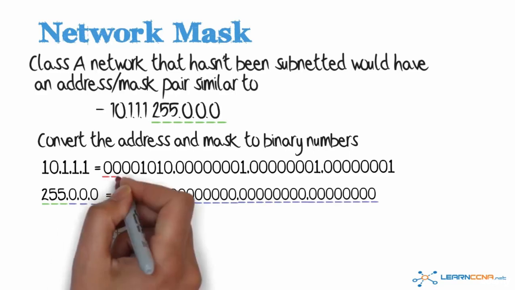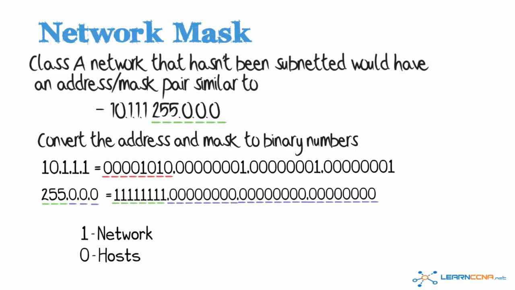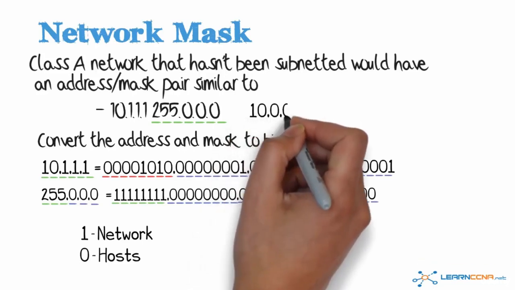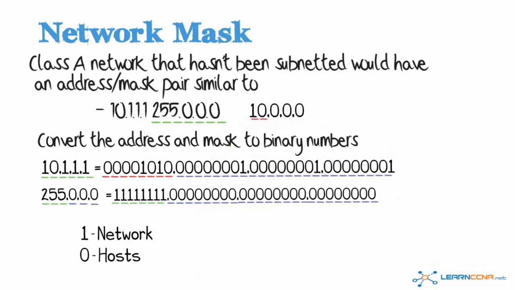So in this example, this portion of the address is network and this portion of the address is host. Hence, this device with IP address 10.1.1.1 is on network 10.0.0.0. This is the network portion and this is the host portion. This device with IP address 10.1.1.1 is on network 10.